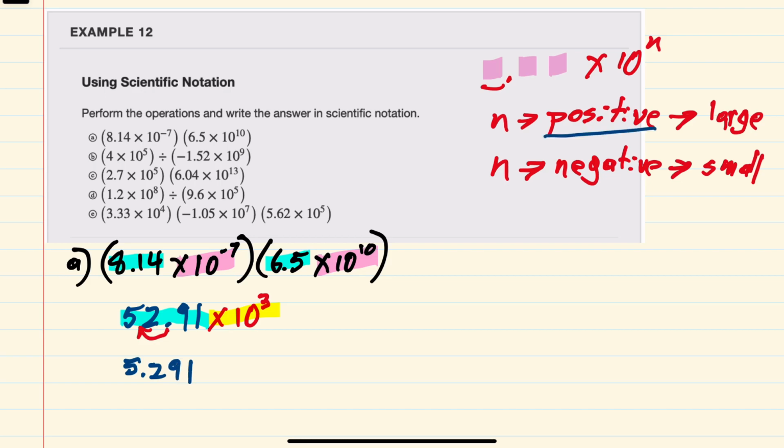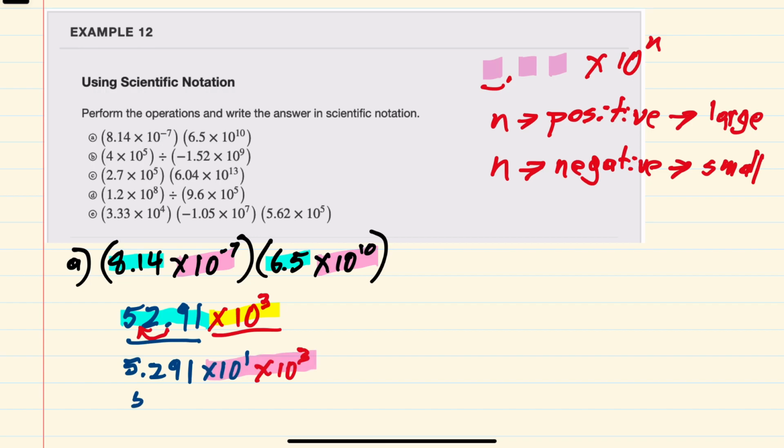Large means positive exponents. So I can rewrite just this part as times 10 to the, I only had to move it one space. And again, 52.91 is large, so that was a positive 1. I've rewritten this first portion in scientific notation, and I just need to bring down that second portion times 10 to the third, and I can see that this will now combine.